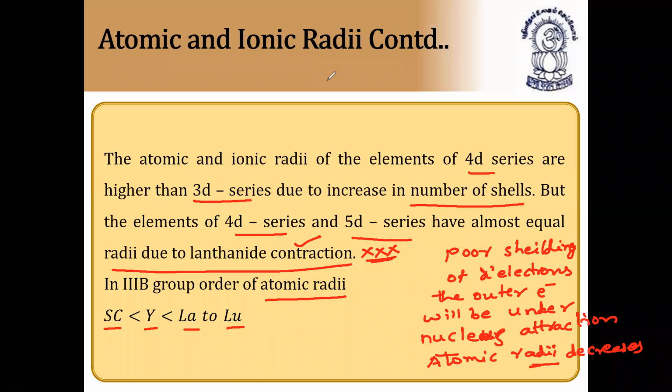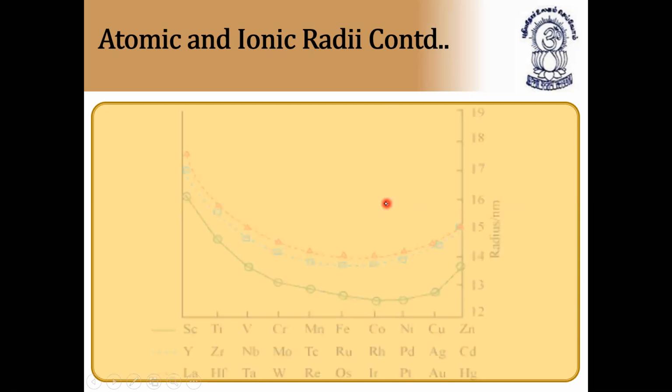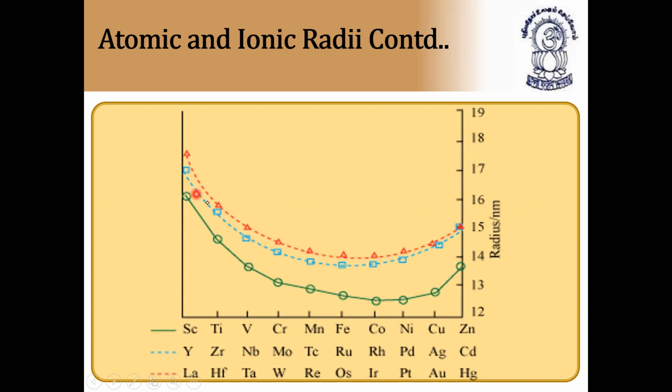So, continuation now. This is the trend of atomic radius in the third group based on the green line. The green line is scandium to zinc. So atomic radius decreases across from scandium to zinc, because for scandium it is more. Next it is titanium, next vanadium, chromium, manganese, iron, cobalt, nickel, copper, and zinc.